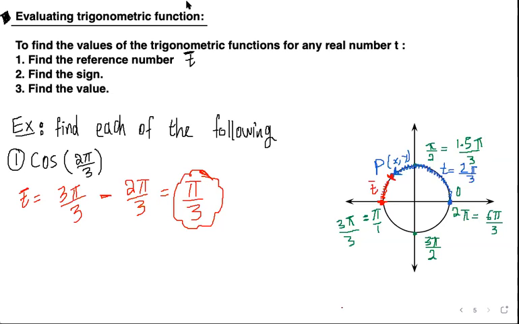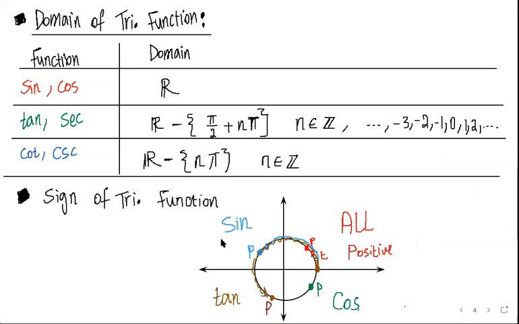Find the sign. Because the terminal point is in the second quadrant, what is the sign for cosine? Is it positive or negative? Which function is positive in the second quadrant? It's the sine.